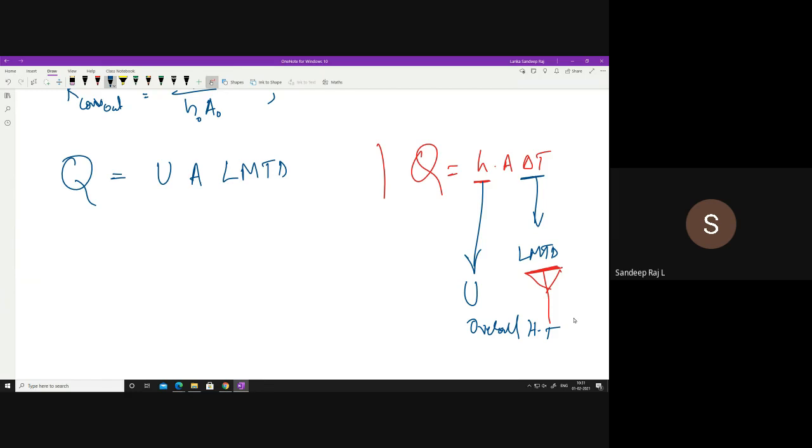Now if I have to tell the overall resistance of the heat exchanger, R equivalent is equal to what? Tell me, using this formula, what will be the formula for the equivalent resistance of a heat exchanger? It is 1 by UA, like it is 1 by HA for the convection case. Here it is 1 by UA.